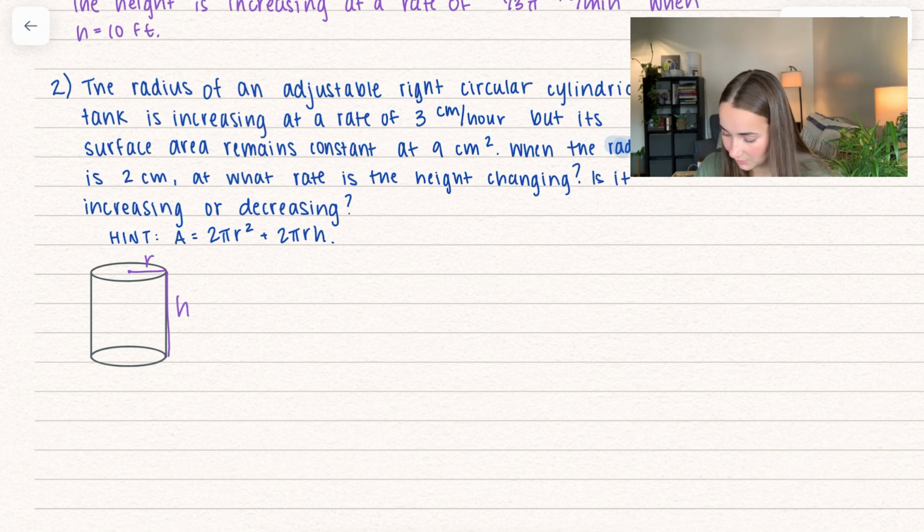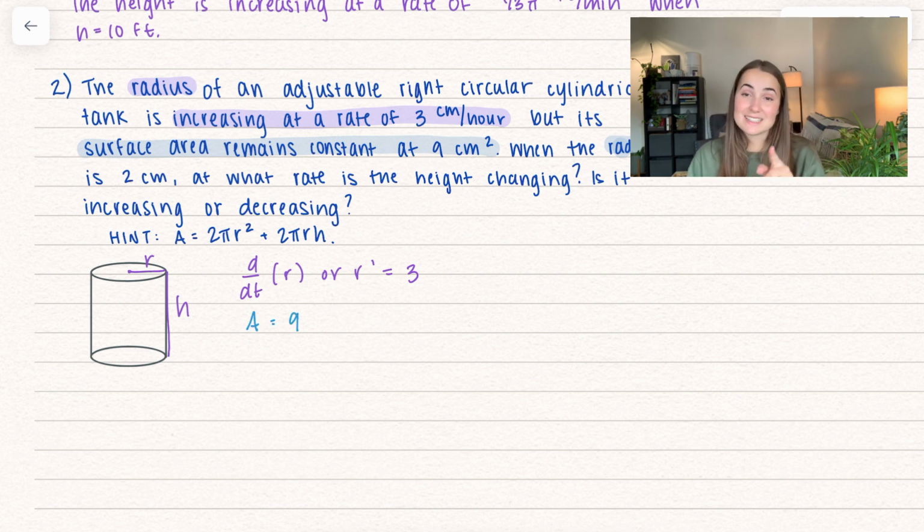And let's go ahead and fill in information that we know. We know that the radius is increasing at a rate of 3 centimeters per hour, so the derivative of r, or r prime, is equal to 3. Next, we have that the surface area remains constant at 9 centimeters squared, so the surface area is equal to 9.